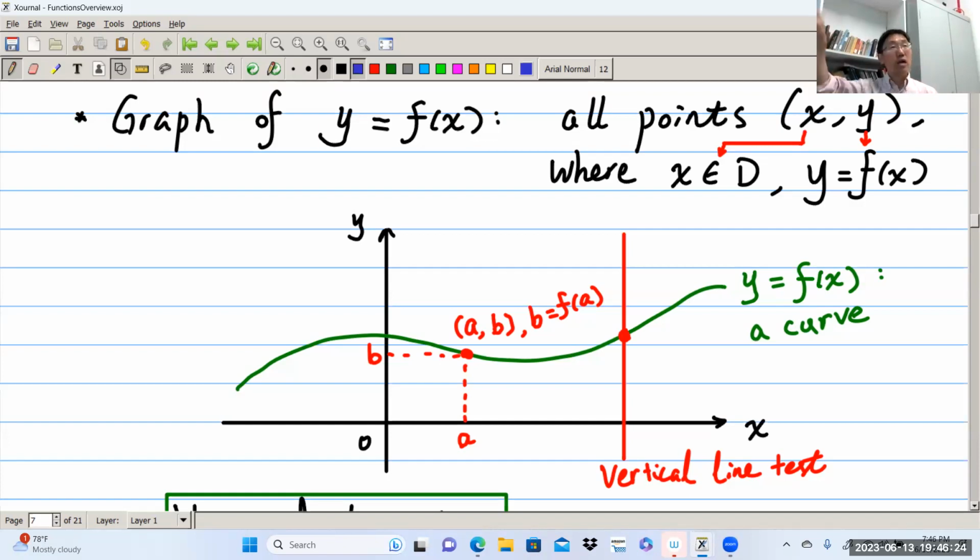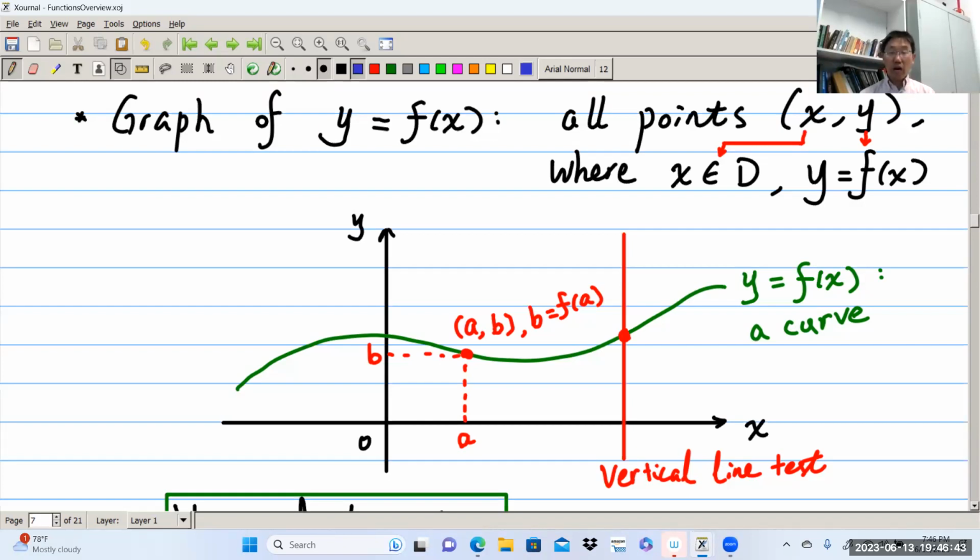See, x comma y. So of course you can regard x comma y as the coordinate of a point in the 2D plane, right? With the x coordinate being x, y coordinate being y.